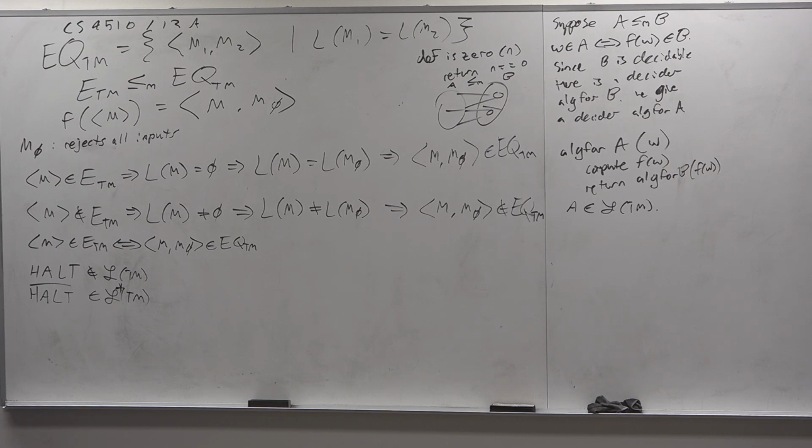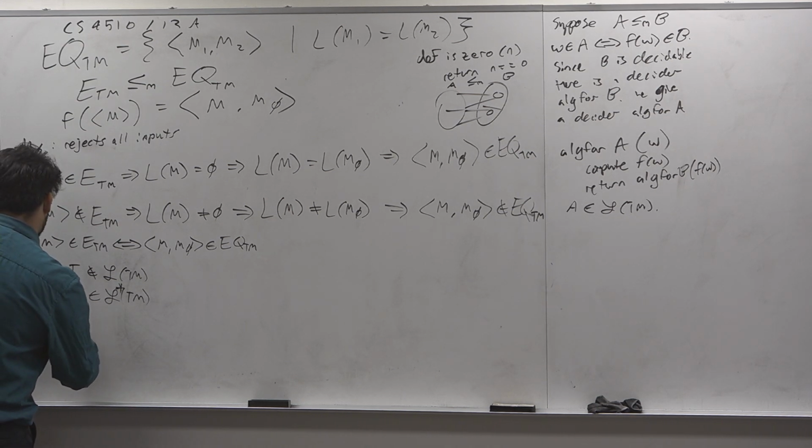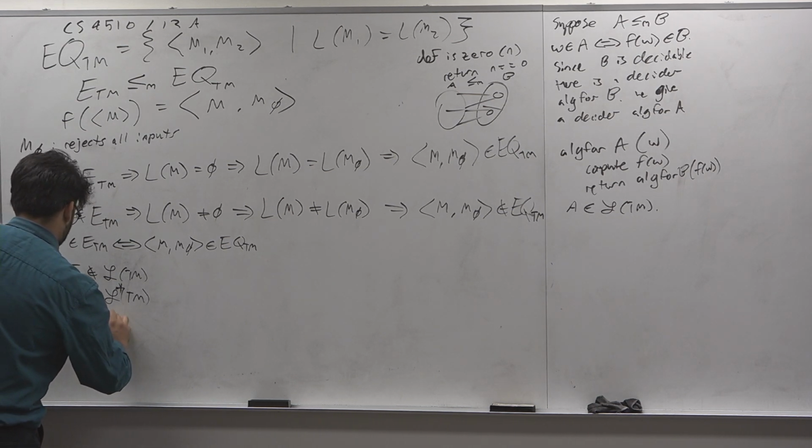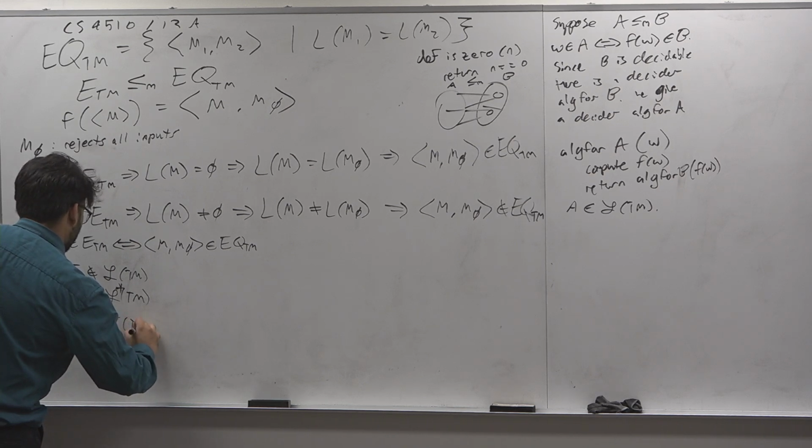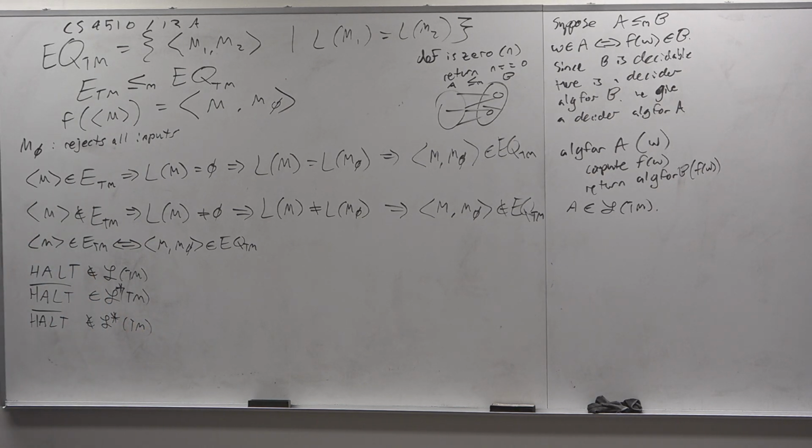But halt's complement, and we also used this argument to show that halt's complement was unrecognizable, right? So there must exist some obvious languages that are not recognizable. But in some sense, there is kind of an algorithm for halt's complement, in the sense that there is half an algorithm for its complement, which is the original, right?